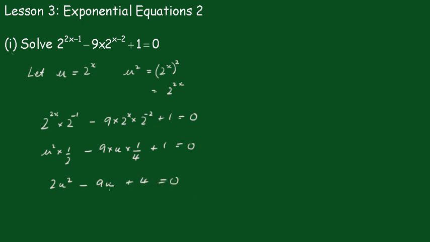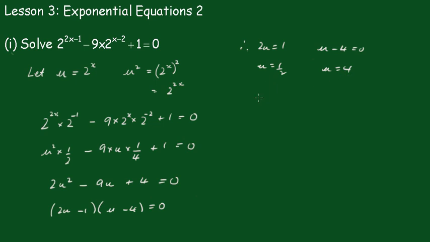And now we've got a quadratic which we can factorize, and that is 2u minus 1 times u minus 4 equals 0. Therefore, 2u equals 1, u equals a half, and here we've got u minus 4 equals 0, so u equals 4.